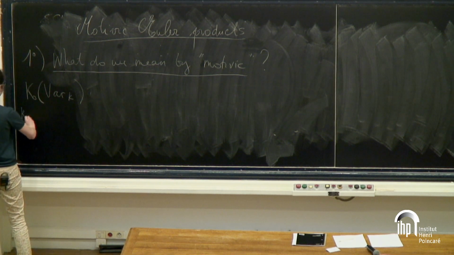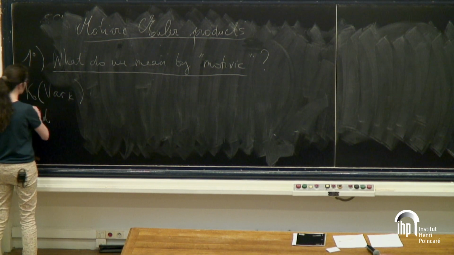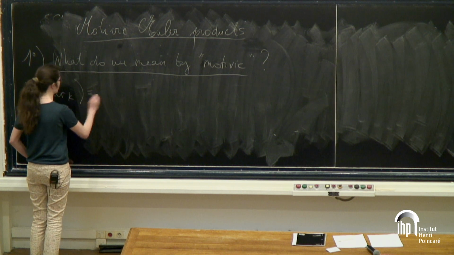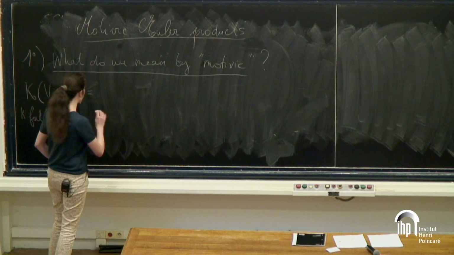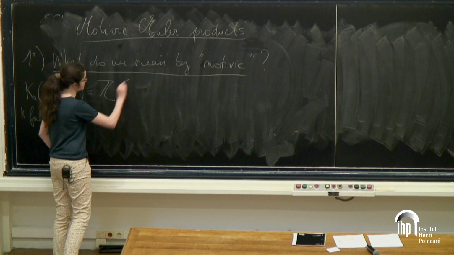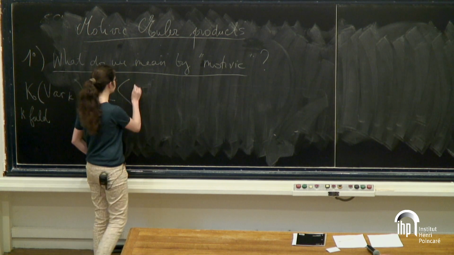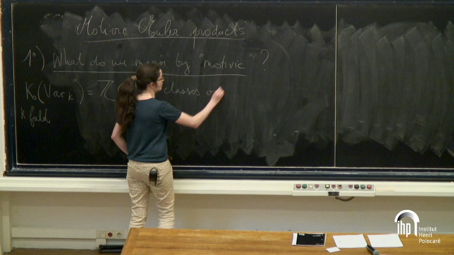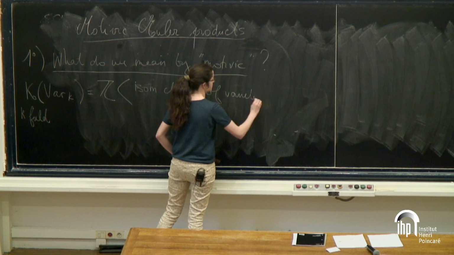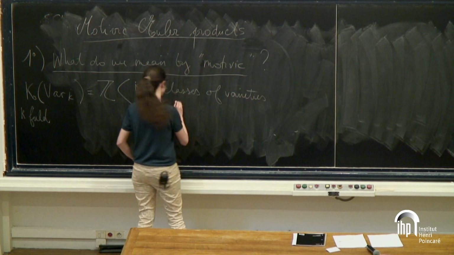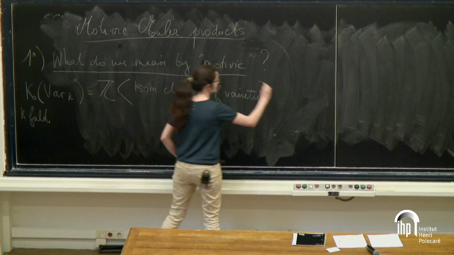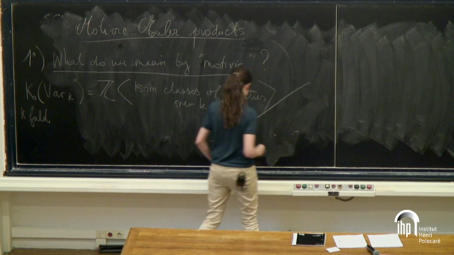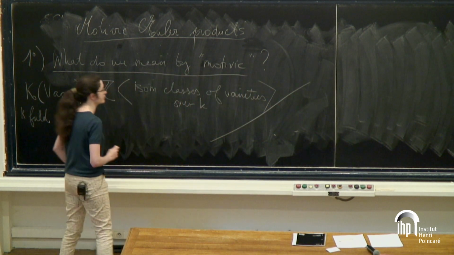So whenever K is a field, the Grothendieck ring of varieties is defined in the following way. As a group, it is the free abelian group generated by isomorphism classes of varieties over K, quotiented out by the following relations.